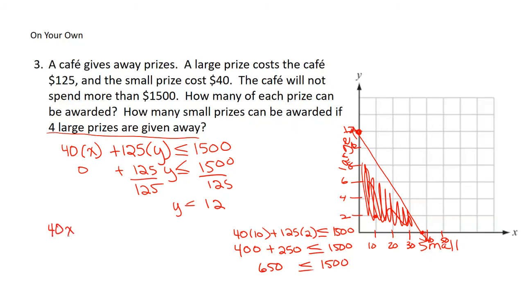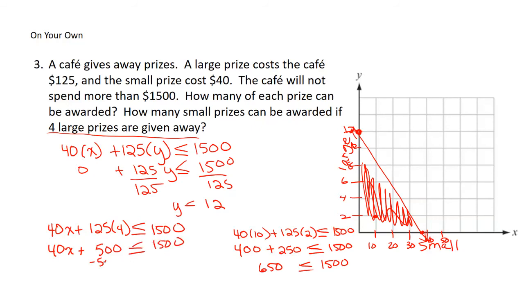So 40x plus 125 times 4 is less than 1,500. 125 times 4 is equal to 500. So we have 40x plus 500 less than or equal to 1,500.